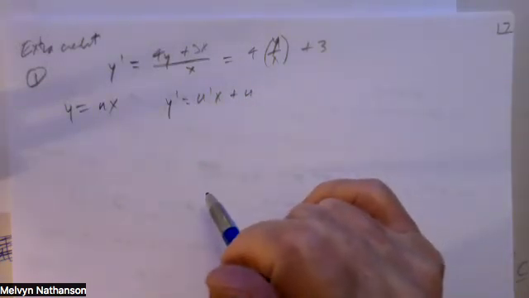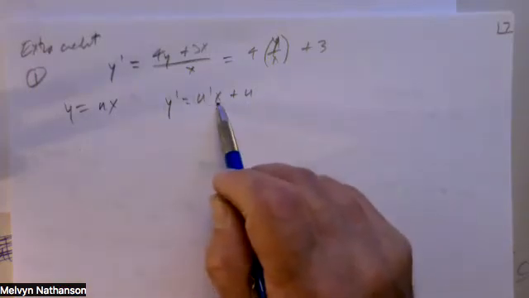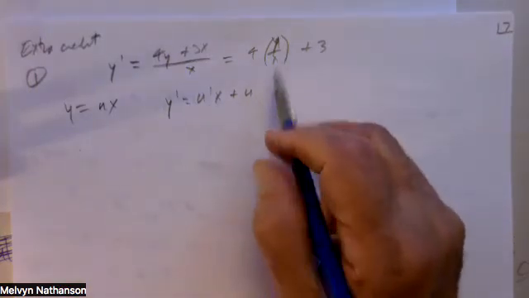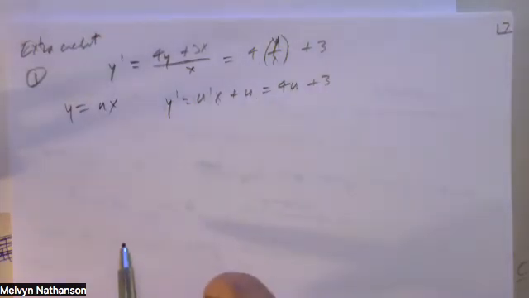And so y prime, which is u prime x plus u, is supposed to be 4 times y over x plus 3. That's 4u plus 3.